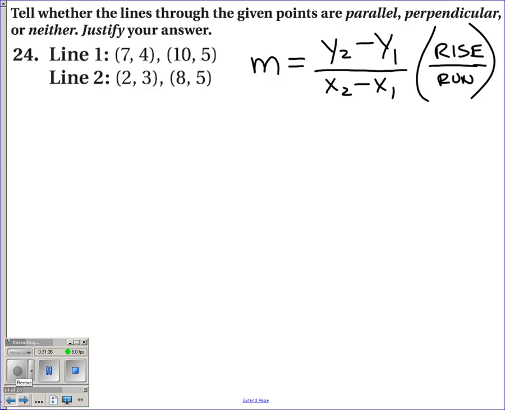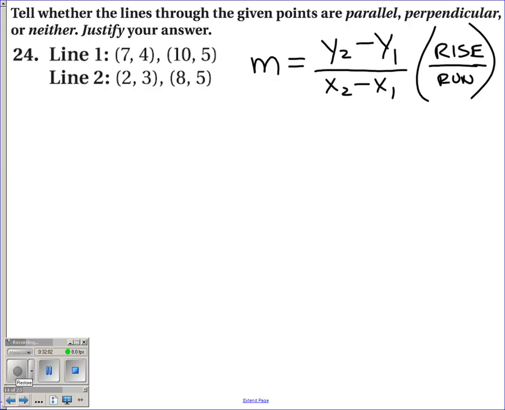Now, if you don't remember the formula, you can go through and graph these and count up and over the rise versus the run and find that slope. But if you don't have the graph, sometimes that takes a little bit more time to go through. So I'm going to use it without. But again, if you don't remember that formula, use the graph, use the definition, because that will always work.